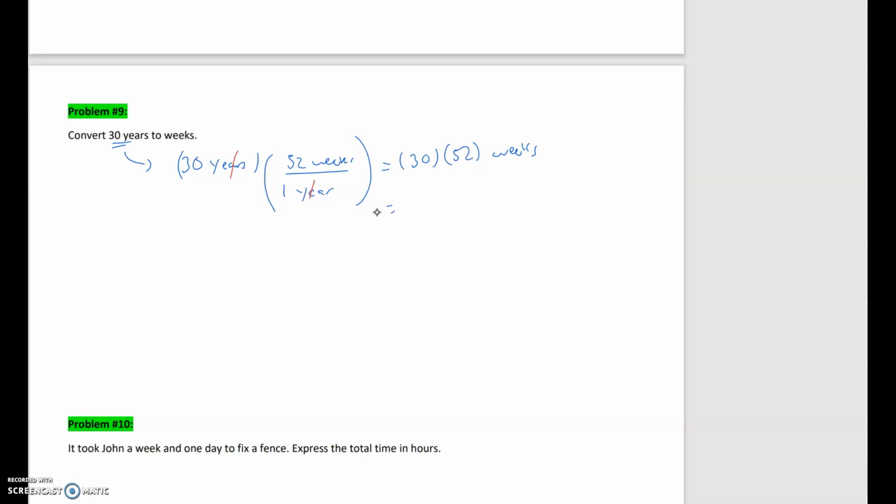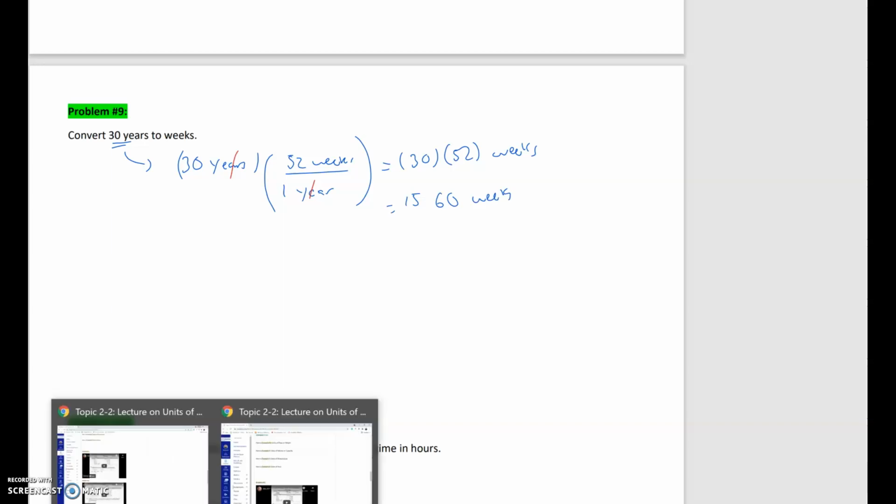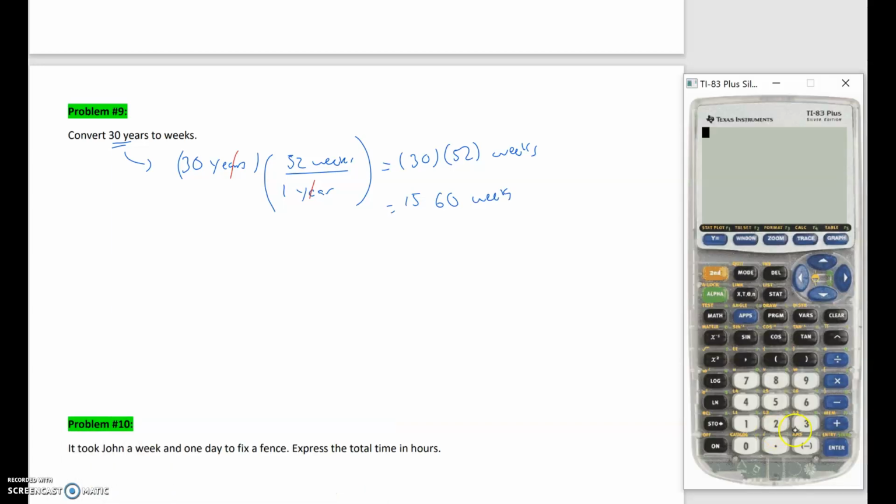And then multiplying that, that's gonna give us a 6, adding the 0, and I'm getting 1560 weeks. Let me calculate it. So it'll be 30 times 52, 1560 weeks.